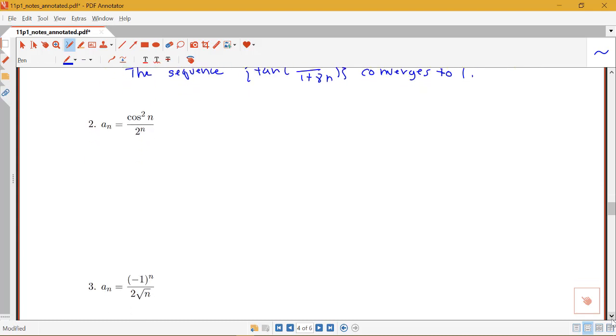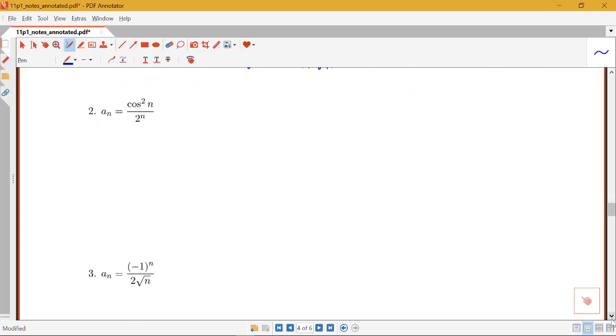So here's another example. I have a_n equal to cosine squared n over 2 to the n. And I know I'm going to have to find the limit as n goes to infinity of cosine squared n over 2 to the n. So what tells me that I might have to use one of the theorems we mentioned before?